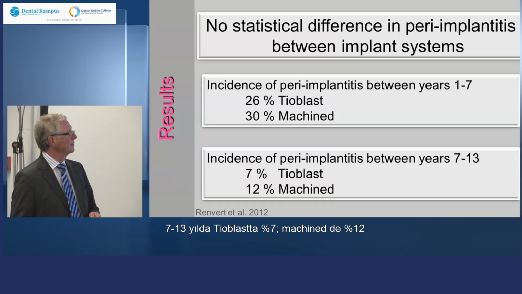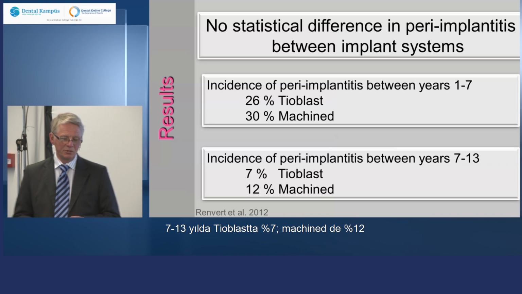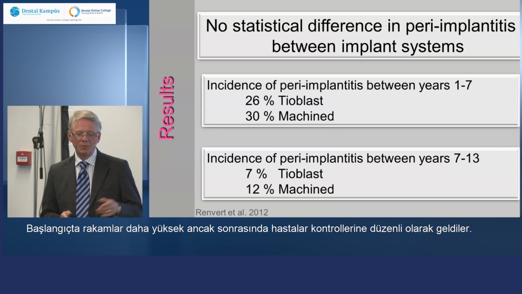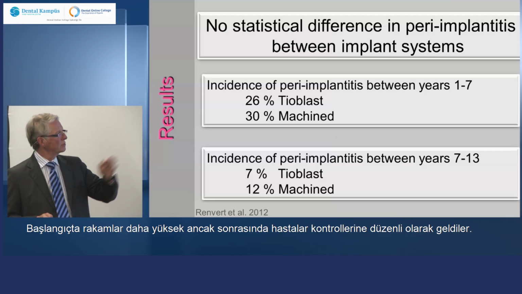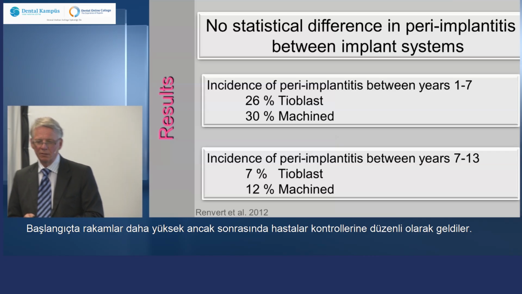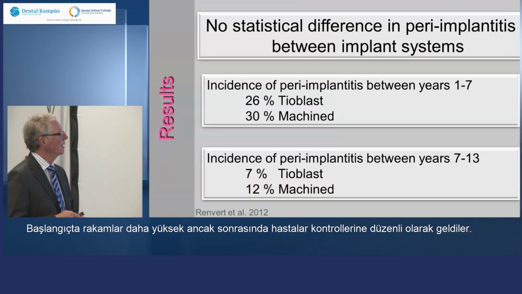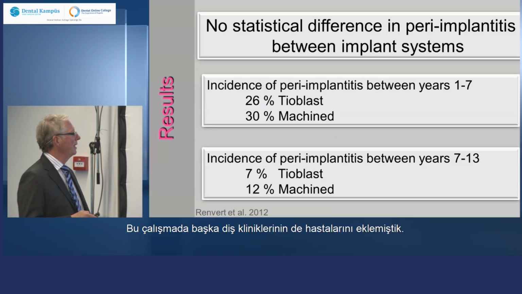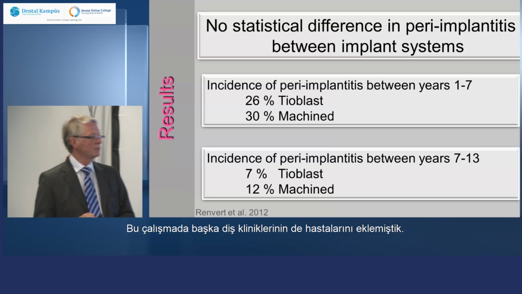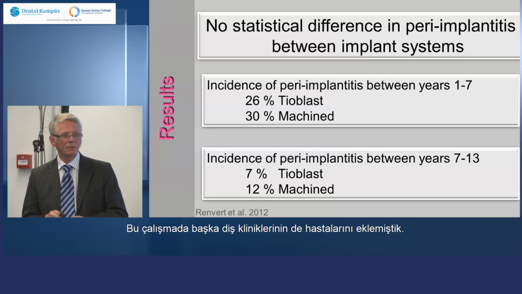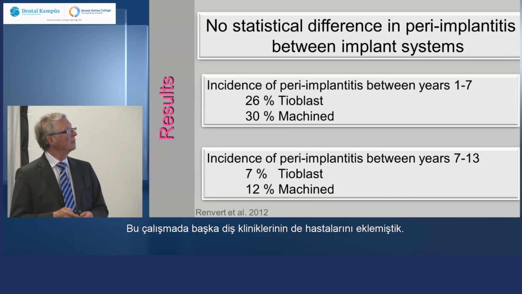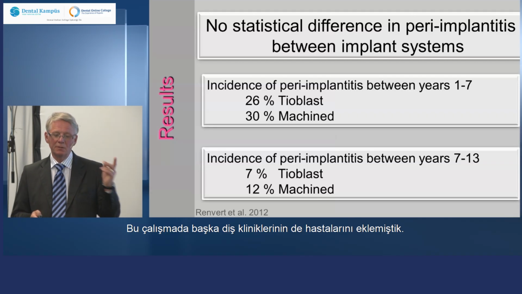And between years 7 and 13, you have 7% in tyoblast and 12% in the machined. So we had more in the beginning, but then the patients were on a little bit more regular checkup after that. These are also patients outside our clinic that we are including in this study.